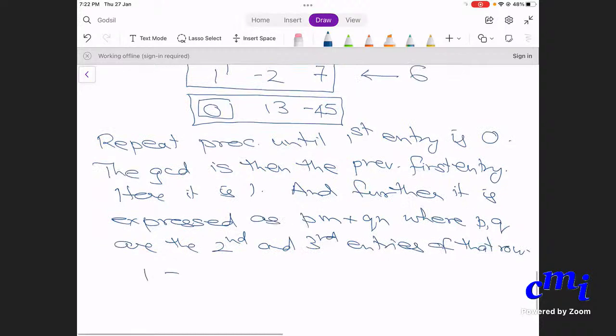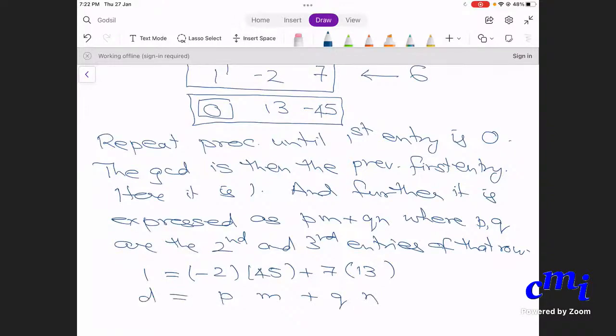So 1 equals minus 2 times 45 plus 7 times 13. And that's correct: minus 2 times 45 is minus 90, and 13 times 7 is 91. So 1 equals that. We have found Pm plus Qn equals the GCD d.